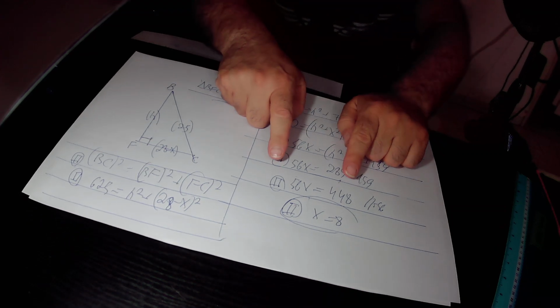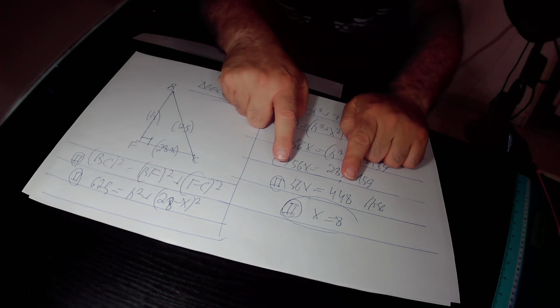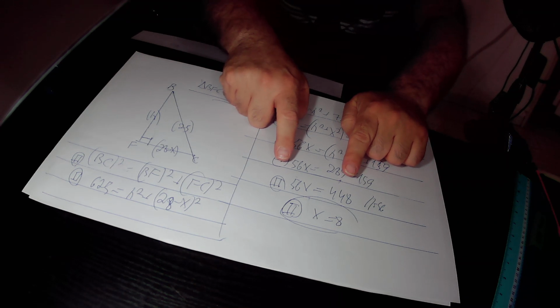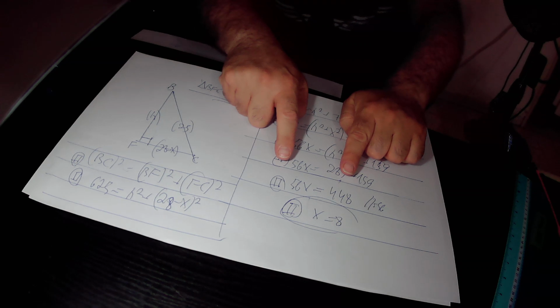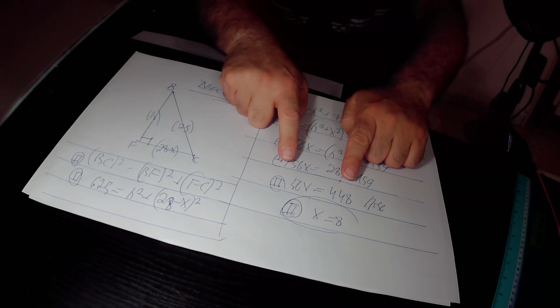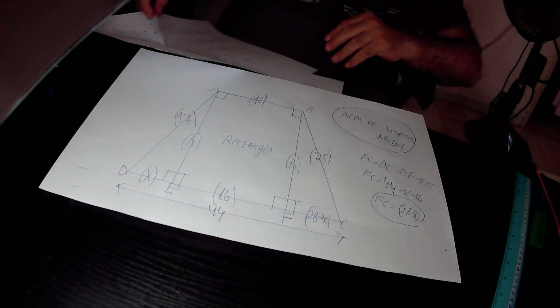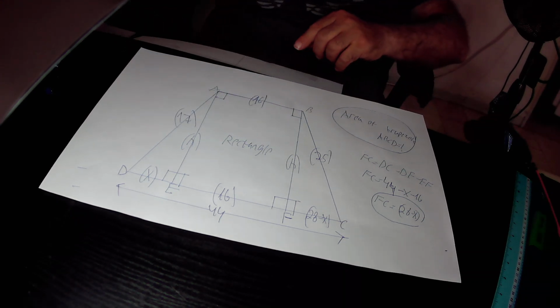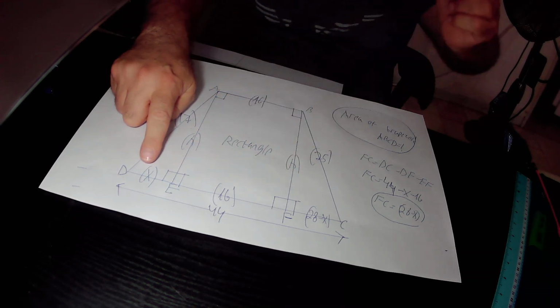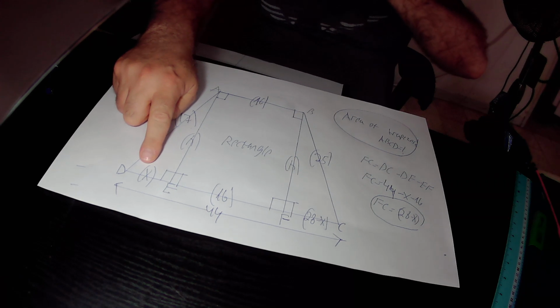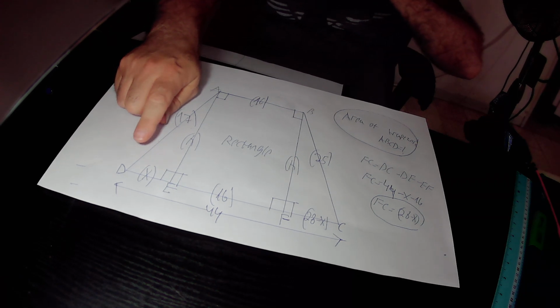So in total we found out that according to equation 2, 56x equals 448. Here we divided this equation 2 by 56 and finally found out that the missing line segment x equals 448 over 56, this is 8. So x equals 8 units in itself.